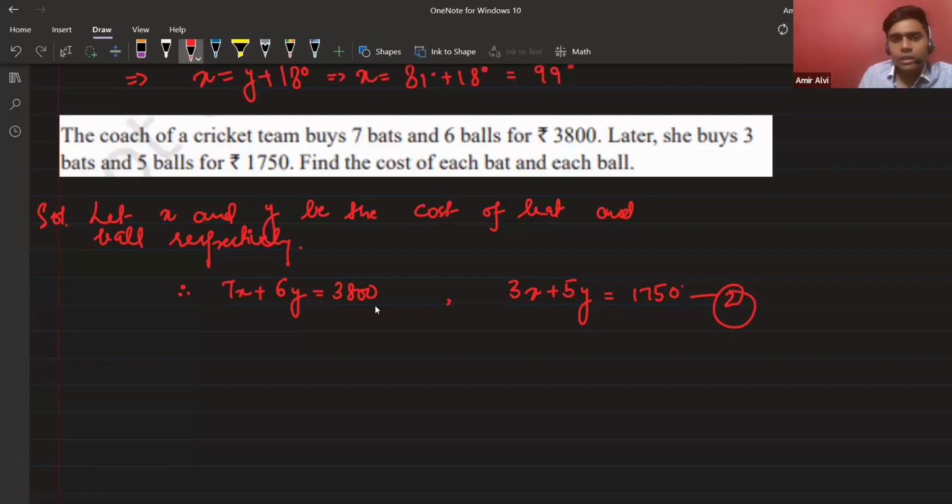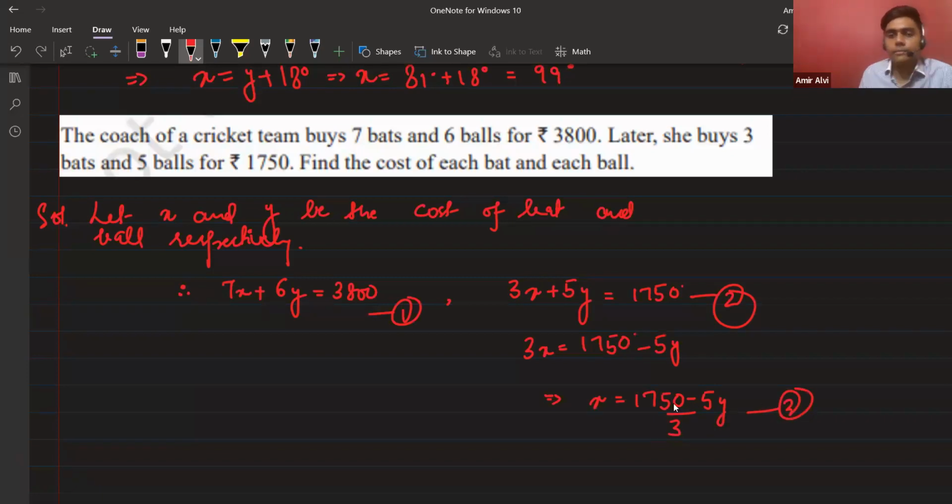This is second, and this is first. So from the second, 3x equals 1750 minus 5y, and x will be equal to (1750 minus 5y) by 3. This is our third equation.